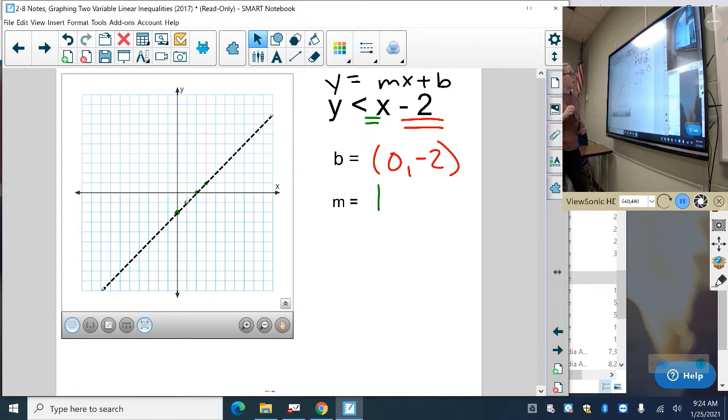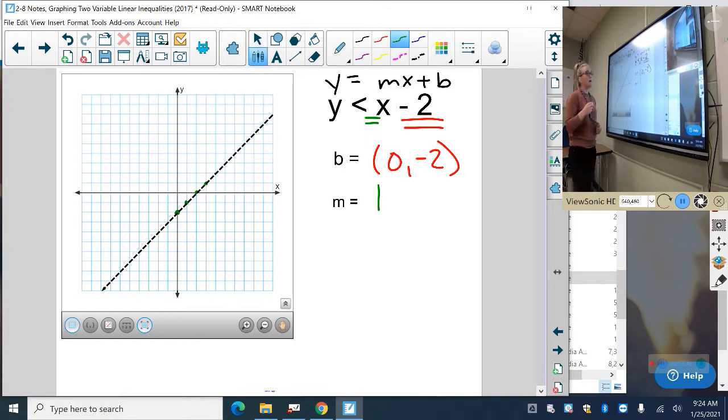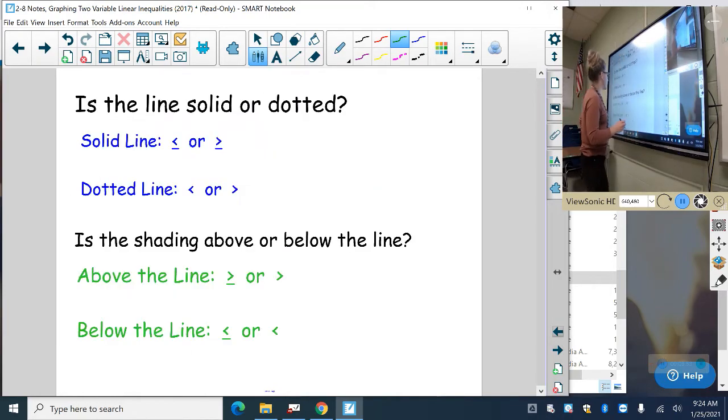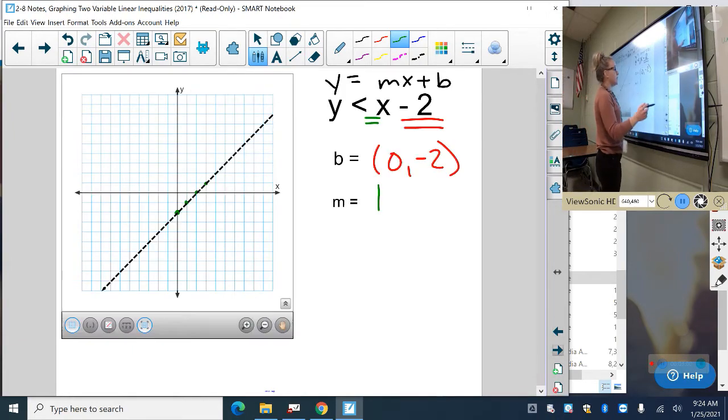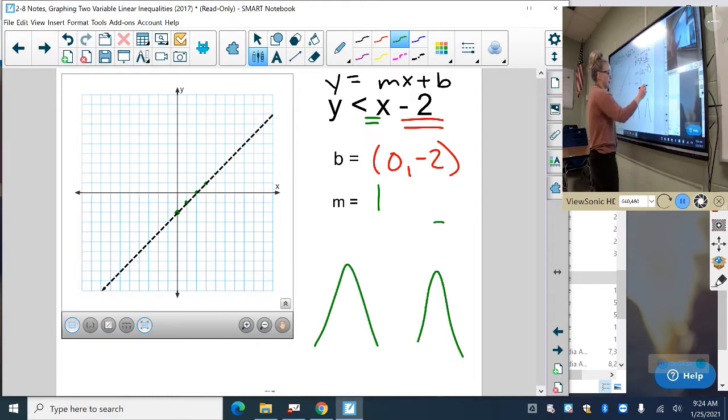So now I have to think to myself, where are the y's less than that line? Well, that's when you have to think I have to shade below the line because we have a less than symbol, okay? Look back and we have below the line. So to shade below this line, sometimes it's difficult. So I always think to myself, do you remember when you were a kid and you used to draw this picture, okay, you drew like mountains and you drew a sun over here?